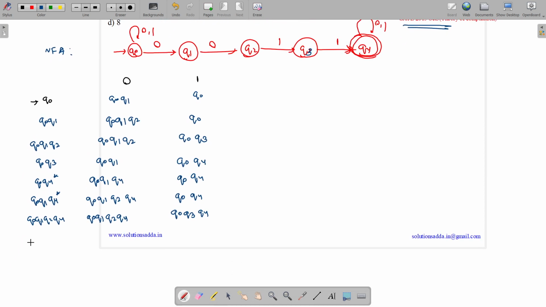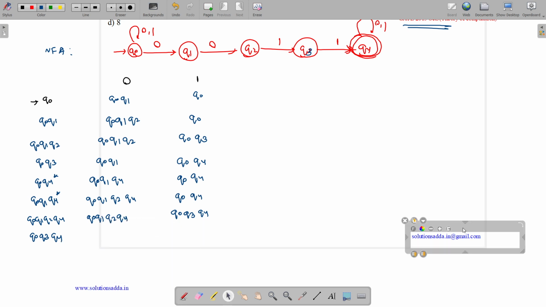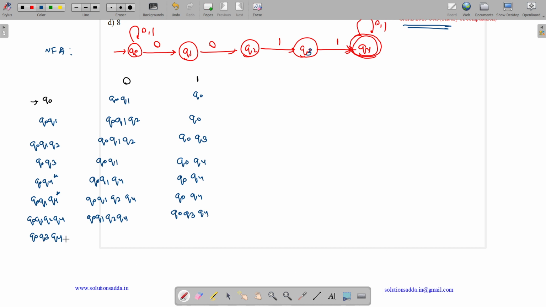Now we have Q0, Q3, Q4. Q0 on a 0 goes to Q0 and Q1, and this is our final state as it contains Q4. Q3 on a 0 goes nowhere, Q4 on a 0 goes to Q4.